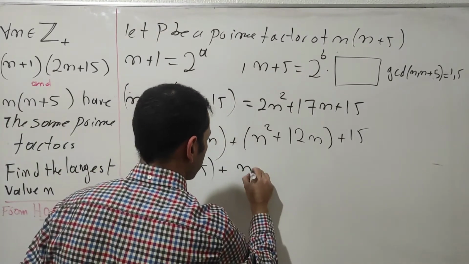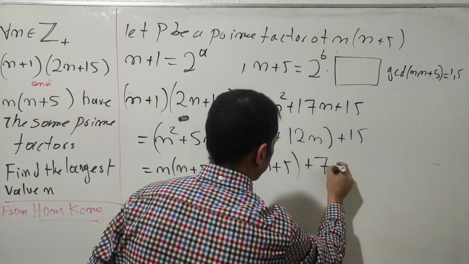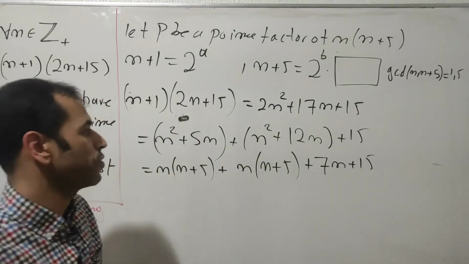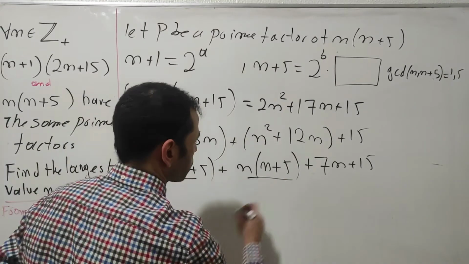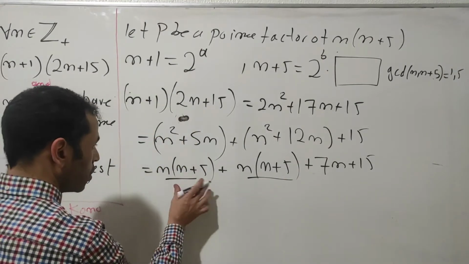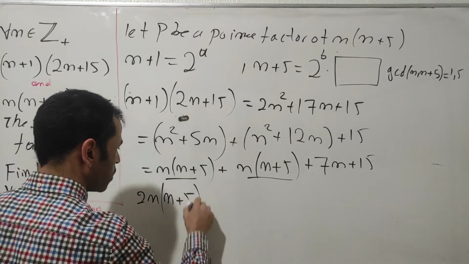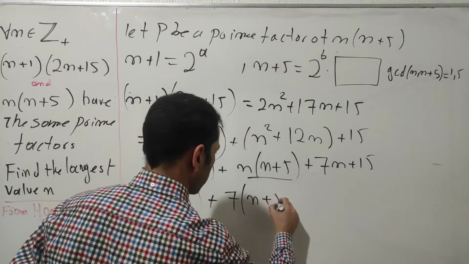So we get here n factor n plus 5 as well, plus 7n plus 15, because 5n plus 7n equals 12n. Okay, so we get a common factor here. Let's take it as a common factor. We have 2 times n multiplied by n plus 5, plus this one, which is going to be 7 factor n plus 5.